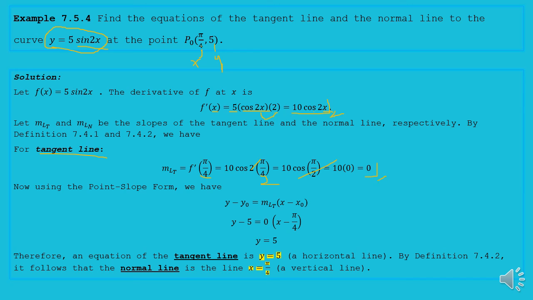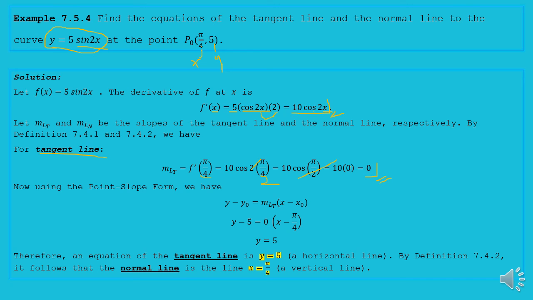So, ito yung na-mention kanina sa letter B. If yung nakuha daw natin na first derivative is equal to 0, so what I mean is, if yung nakuha natin na slope ni tangent line is equal to 0, which means na ang tangent line natin ay horizontal line, and then yung normal line natin ay yung vertical line.